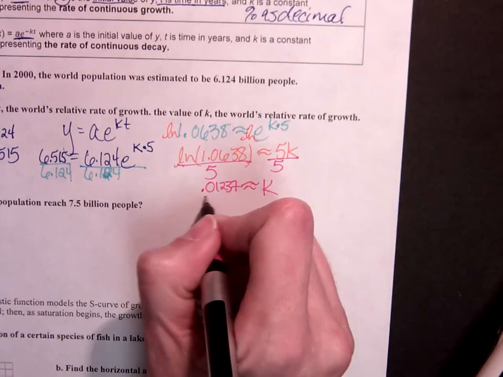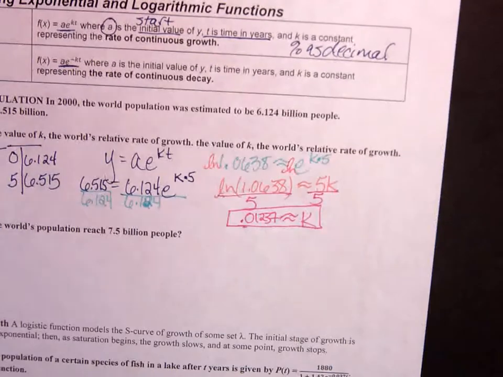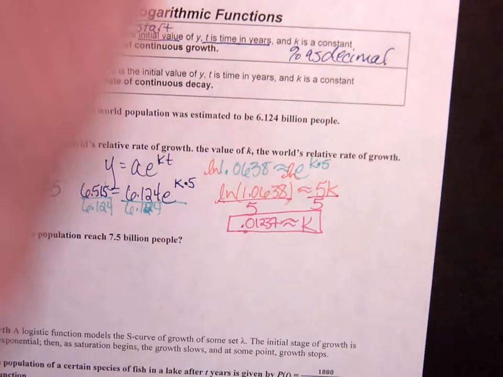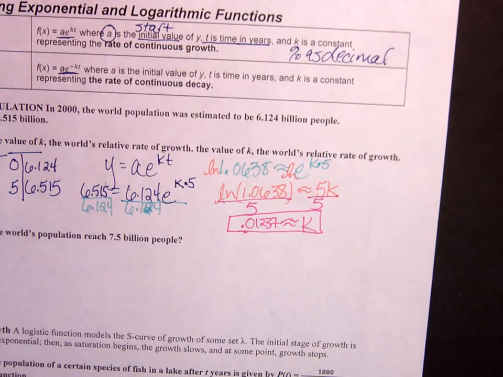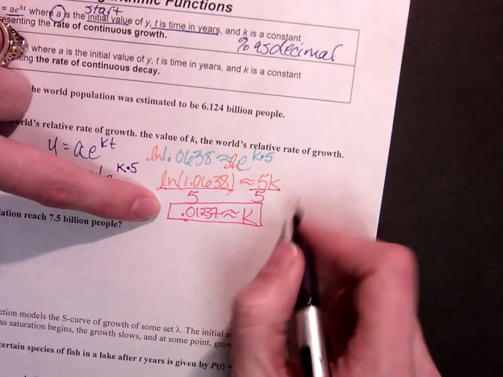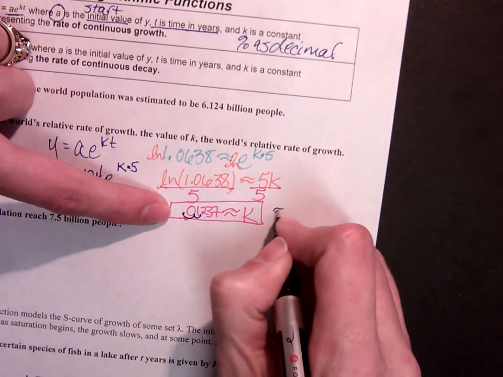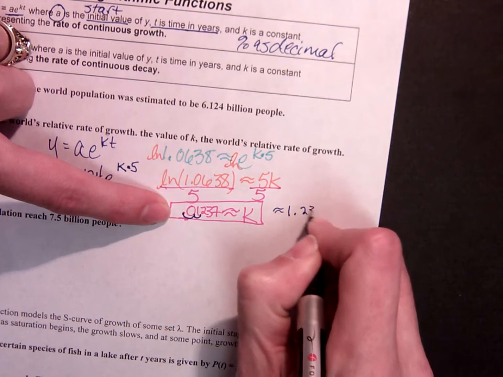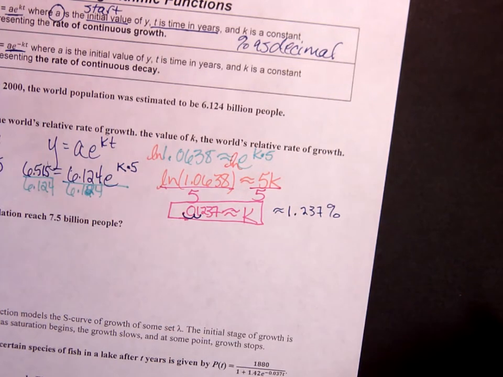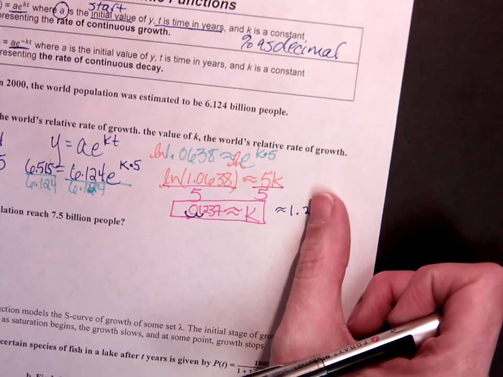So we have our k value with the same number of decimal places that we typically use, but earlier I said it's typically a percentage as a decimal. Well, if I convert that, then we know that our rate, right, we move it twice, is about 1.237%.